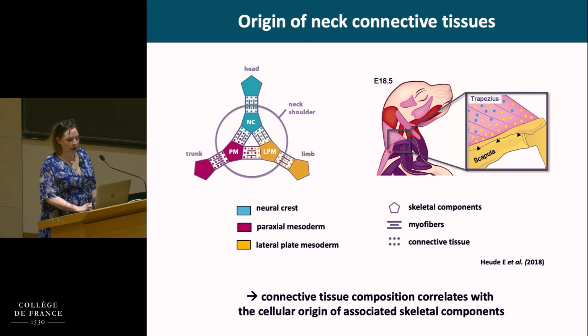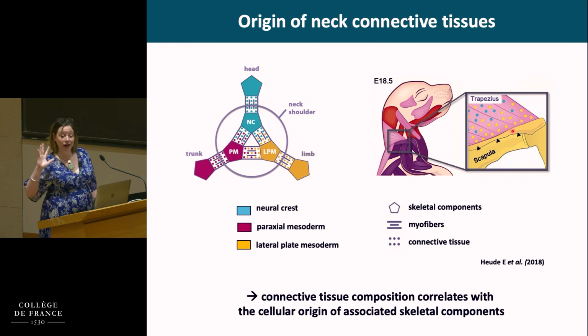As an example, here we have a magnification of the trapezius at the level of the scapula, which is of lateral plate mesoderm origin. And in this connection, the connective tissue is also of lateral plate mesoderm origin.